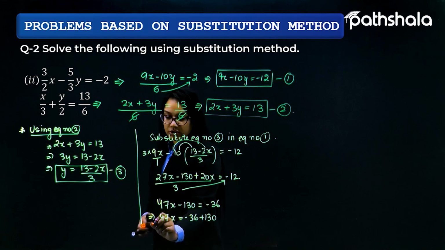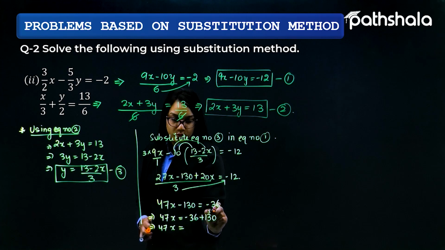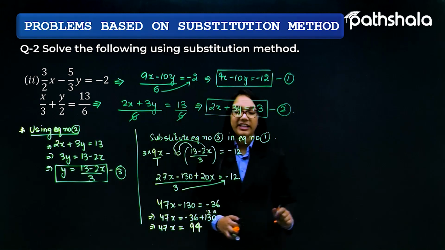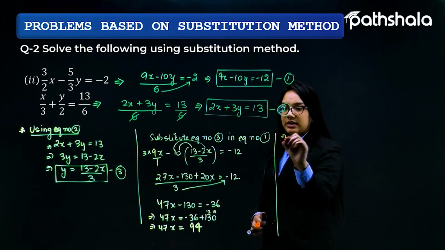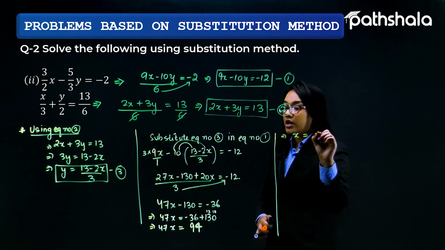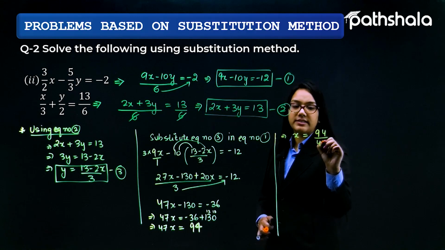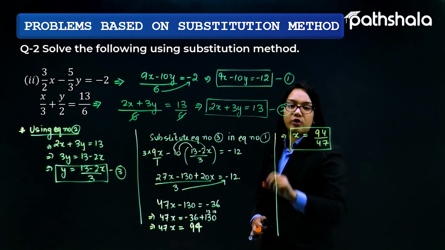Further, we can write this as 47x equal to 94. So the value of x that I am getting is 94 by 47.